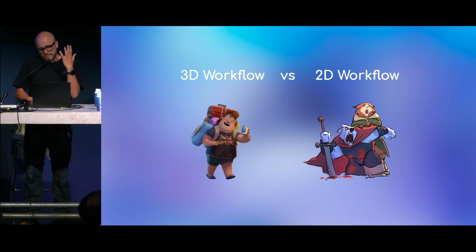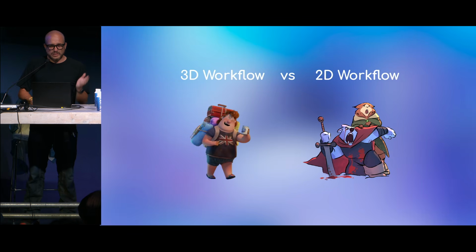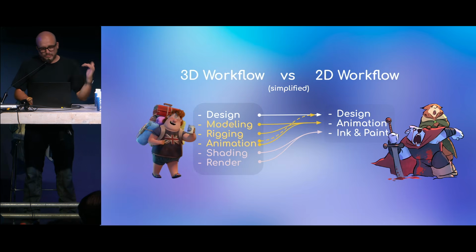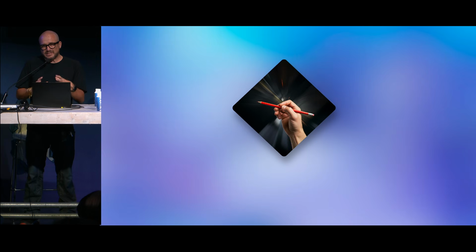I like this slide, because the 3D workflow is okay. It's not a problem. The only thing is that there are a lot of steps. In the 2D workflow, it's basically design, animation, and you can paint. It's simplified, because you have everything in animation when you have a pen. The idea behind this is to try to put this tool inside Blender in many places.